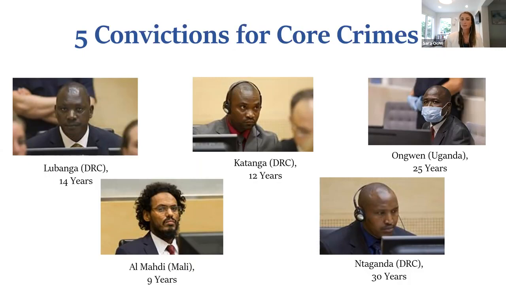And finally, very, very recently, we had the trial of Dominic Ongwen. He was a brigade commander for the Lord's Resistance Army, which was a rebel group in northern Uganda, and he committed a variety of war crimes and crimes against humanity. He was convicted of 61 charges in all.